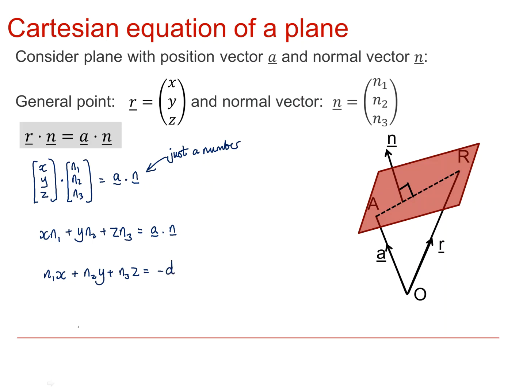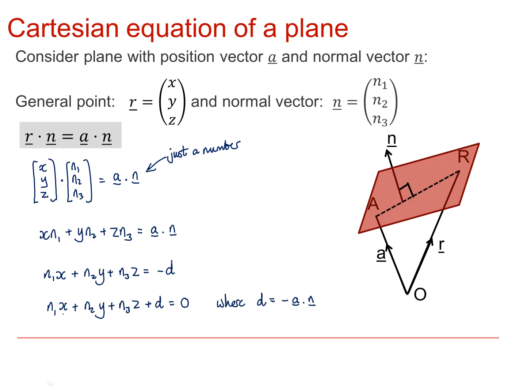I'm going to call that number minus d so that I can then get the usual form of the general equation, which is this, where d is equal to minus a dot n.